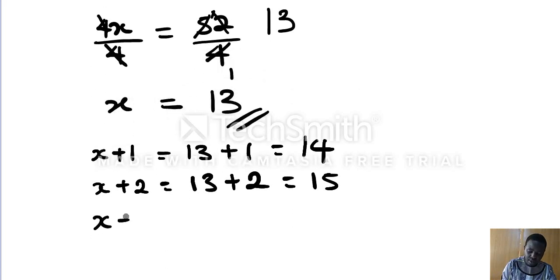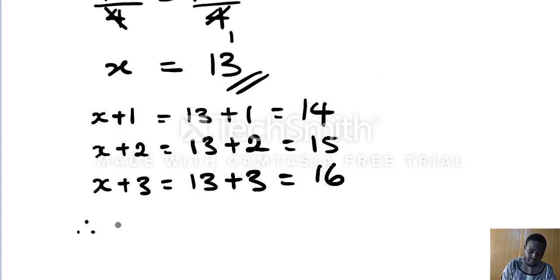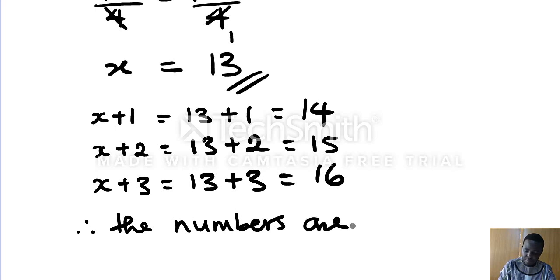And the fourth number, which is x plus 3, will be equal to 13 plus 3, which is equal to 16. So therefore, the numbers are 13, 14, 15, and 16.